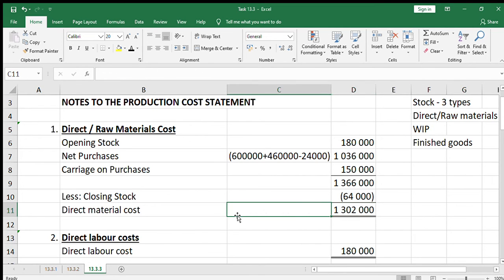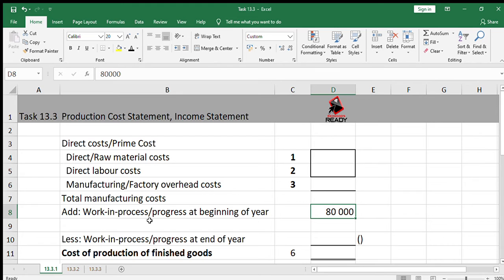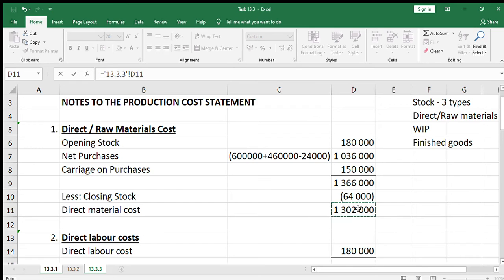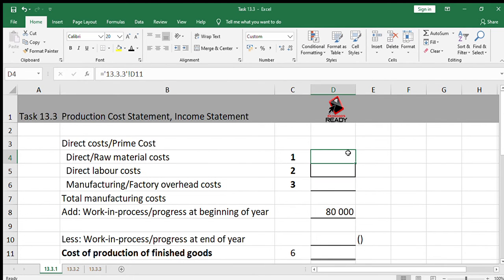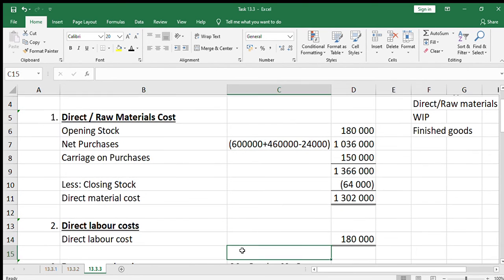And that will give us 1,302,000, which we can now take to the production cost statement. So I'm going to take this answer to the production cost statement here to direct or raw material costs. Okay, so 1,302,000.